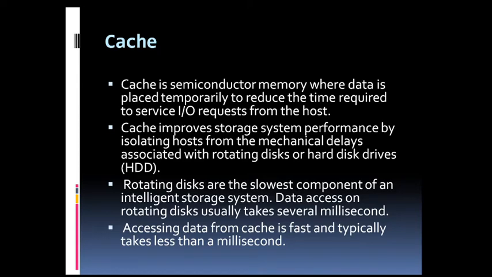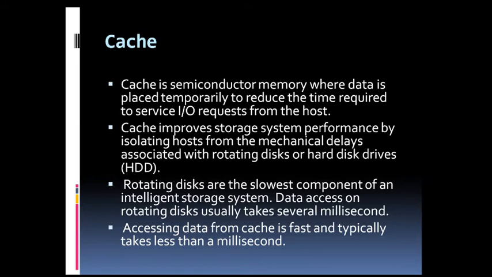The next and most important component is cache. Cache is a semiconductor memory where the data is placed temporarily to reduce the time required to service IO requests from the host. Cache can improve the storage system performance by isolating the host from the mechanical delays associated with rotating disks or hard disk drives, that is HDD.